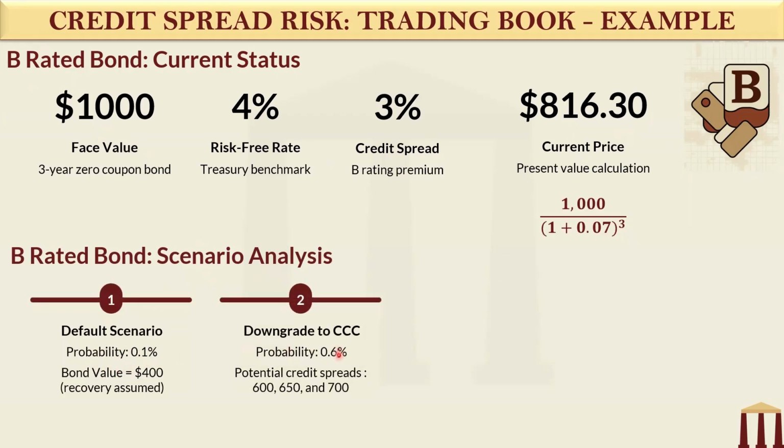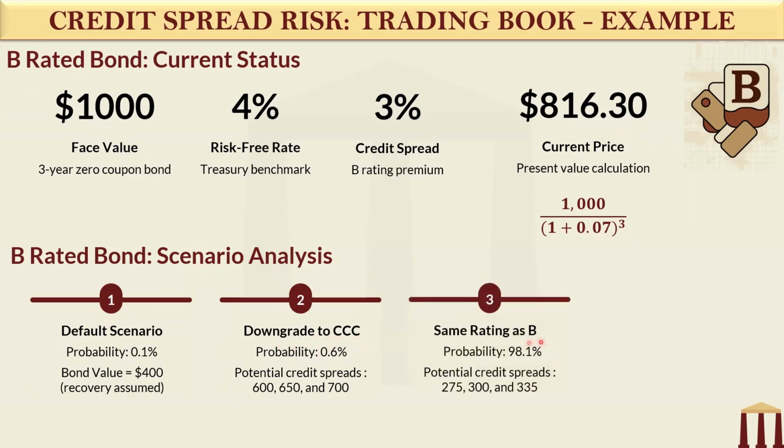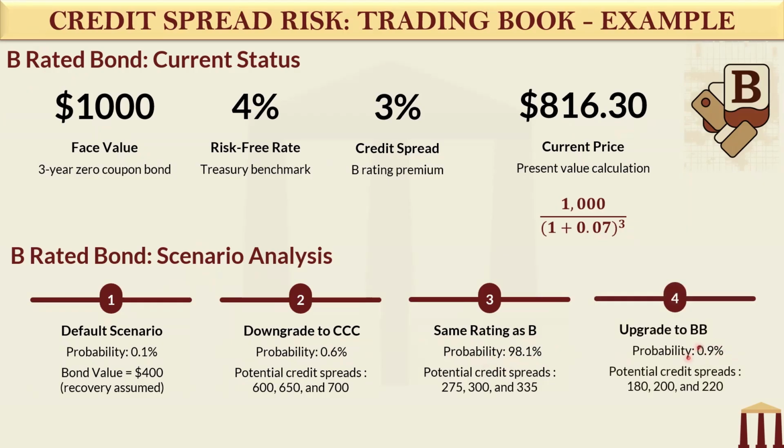It has a 0.6% probability of getting downgraded to CCC. It has a 98.1% chance of maintaining the same rating. These are again hypothetical numbers we have taken. We have not taken the probabilities from the rating transition matrices. And there is a 0.9% probability of getting upgraded.